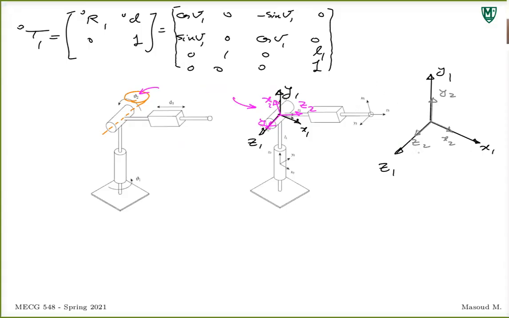So if I do 90 degrees about Z1 like this, Z2 stays here. Then you have X2 and you have Y2.